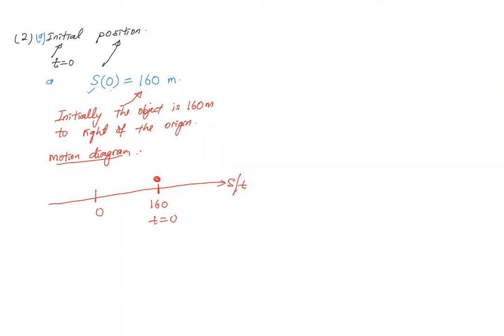Okay, how about part B? Kiko, Faraki, how to do part B? You put 16 in S prime in VT. Okay, no. This is part 2.